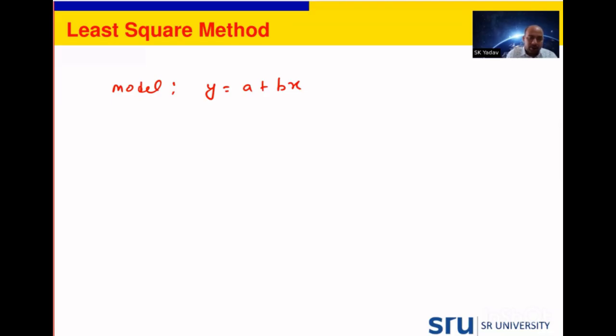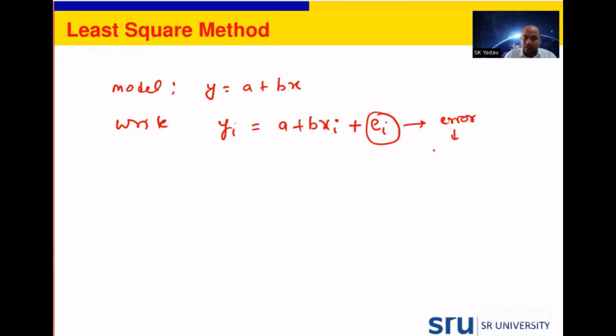So we write the curve like yi equal to a plus bxi, and this is your predicted line passing through the data, and there should surely be one type of error, which we call ei, and this ei is called the error or residual.